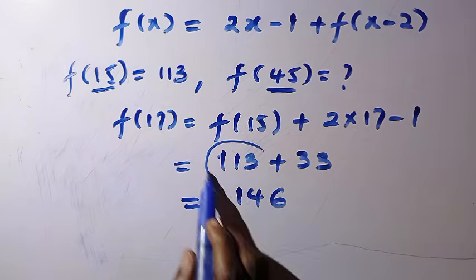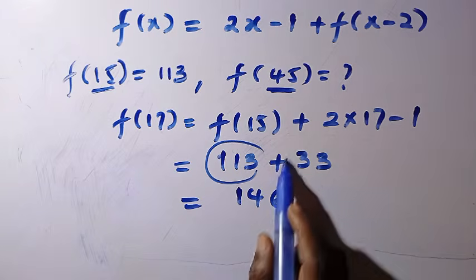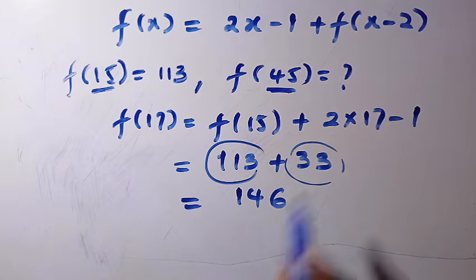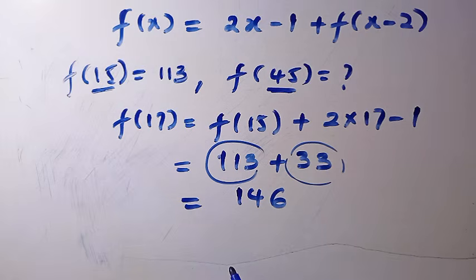So if this f of 15 is a constant value, what we'll be changing is this 33, and from what we have already gotten before, we are going to see the differences in f of 19 and f of 17 as the 4 intervals.